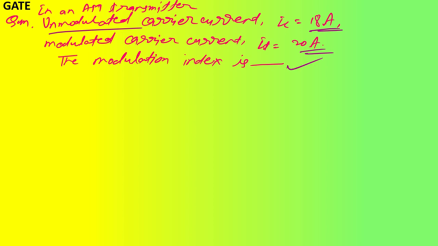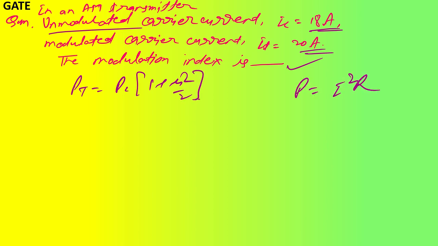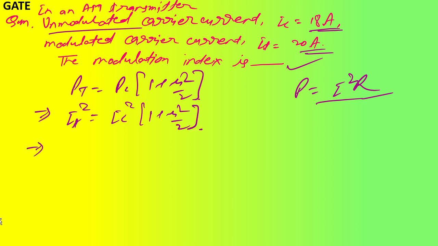I had told you the total power was PC into 1 plus mu square by 2, and P was related as I square into R. So you don't have to remember the formulas again. You can write down directly IT square is equal to IC square into 1 plus mu square by 2. The total current IT is given as 20 and IC is given as 18. By putting these two values you can find out the mu value.